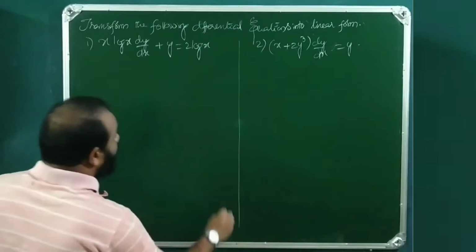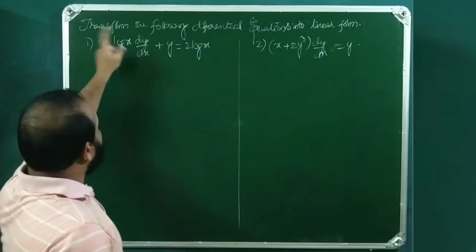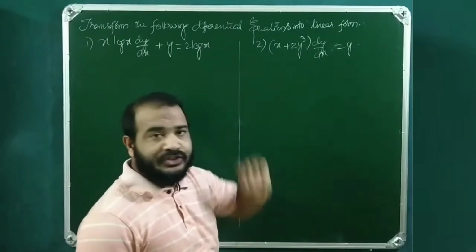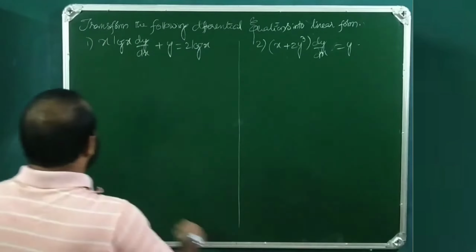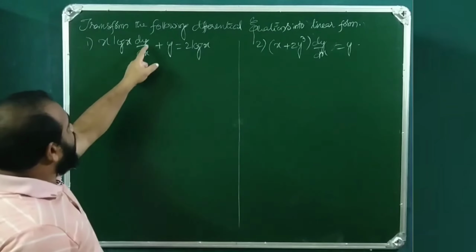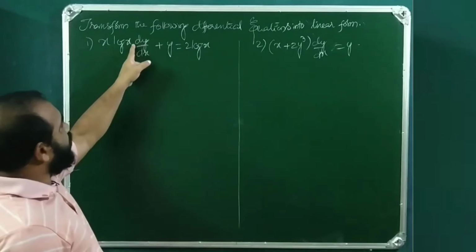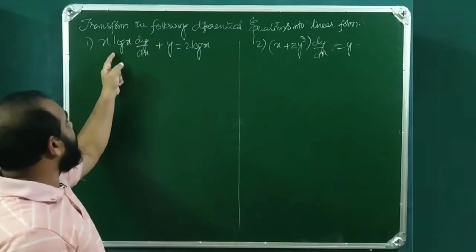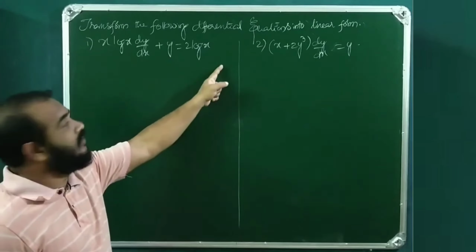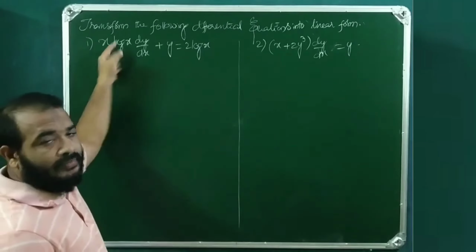We have to transform these differential equations into linear form. First, the coefficient of dy by dx should be 1, for which let us divide the entire equation by x log x on both sides.